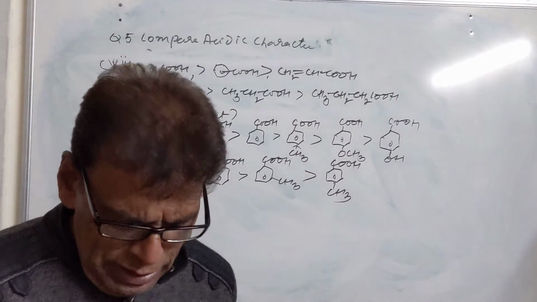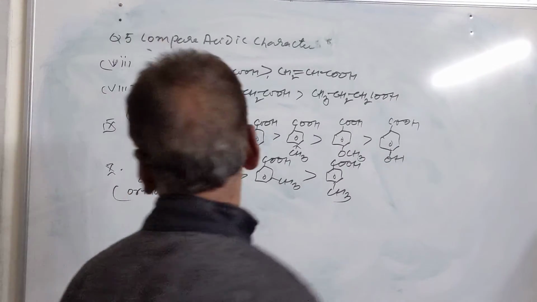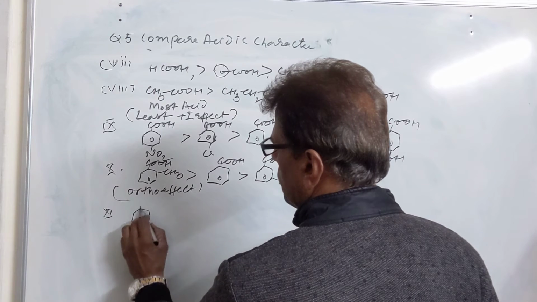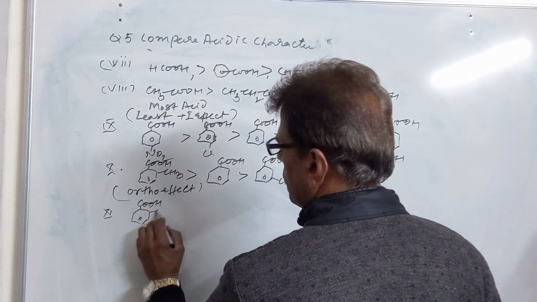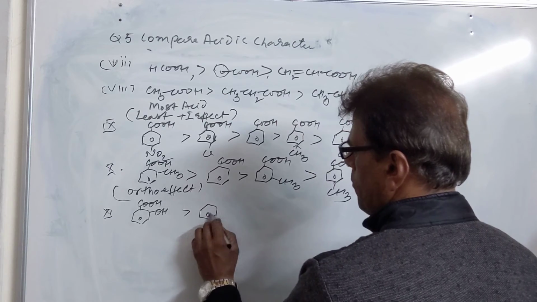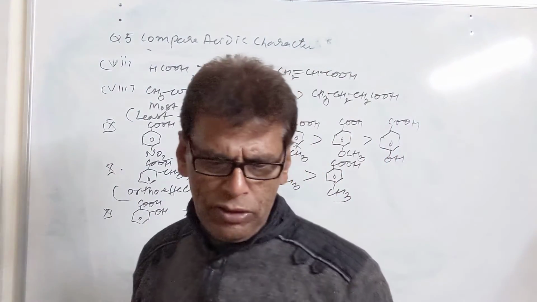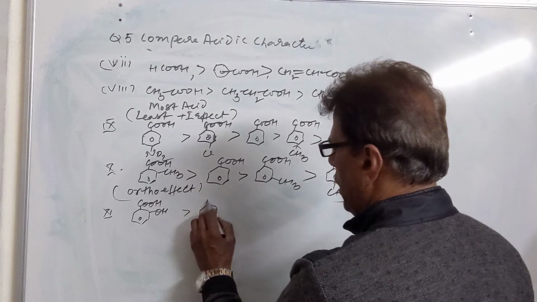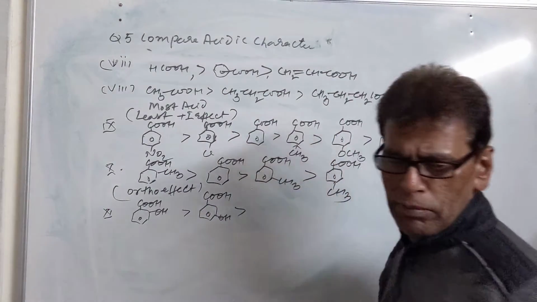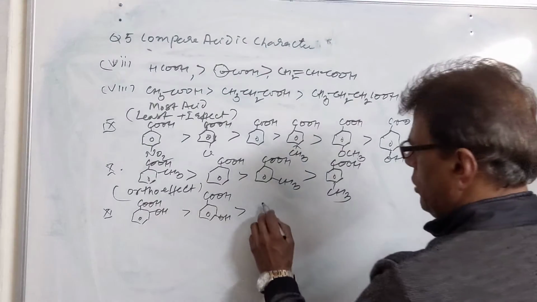Then we have another acid. This is called salicylic acid. After salicylic acid we have meta-hydroxy benzoic acid. After meta-hydroxy, we have benzoic acid.